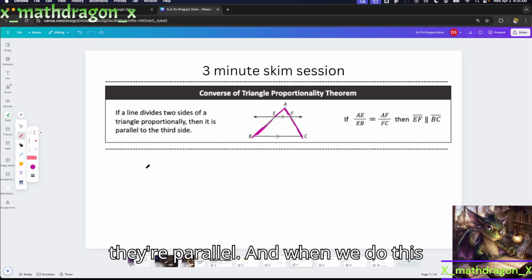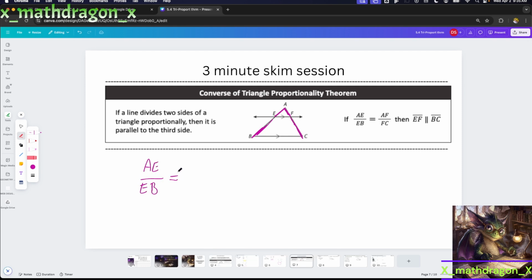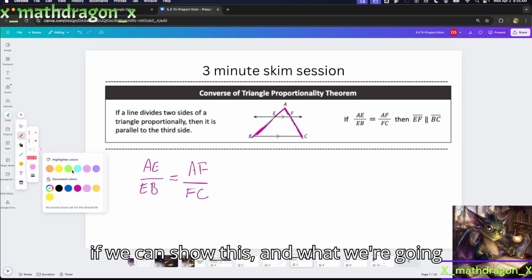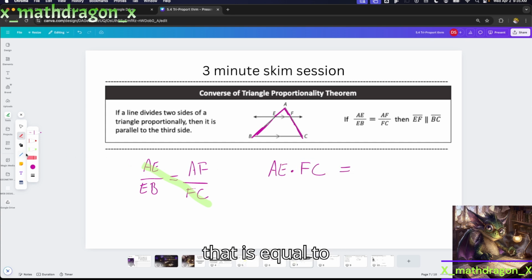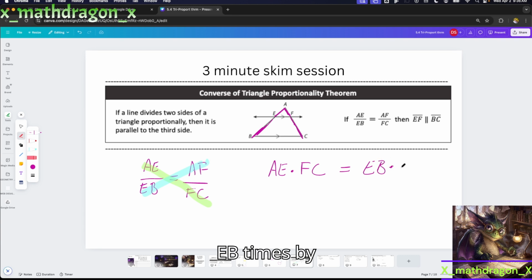And when we do this, and you have the AE over EB equals AF over FC, what we can show is, or if we can show this, and what we're going to try and do is take AE times FC, and if that is equal to EB times AF, then we know they are parallel.